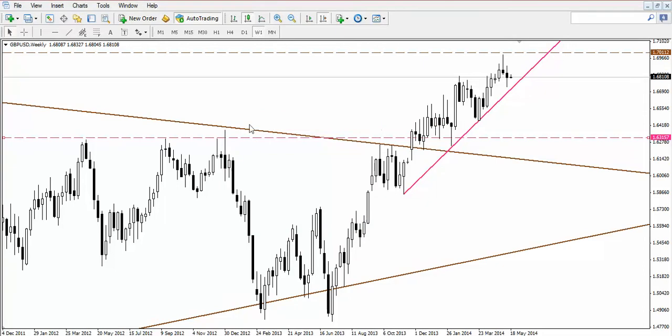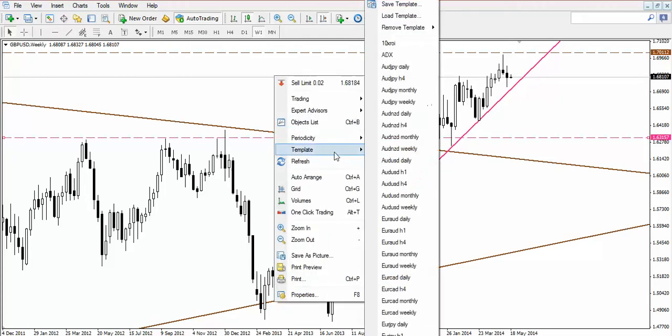It's going to be more of a zone, I would imagine, than a specific level itself. So there are some obstacles in our path to trade south, but I believe from this weekly pin bar and the preceding trend, it is a good opportunity to look for a short.